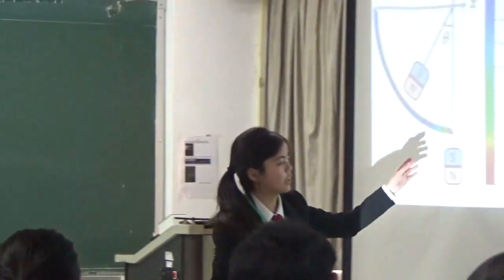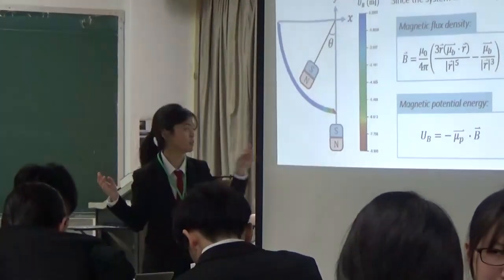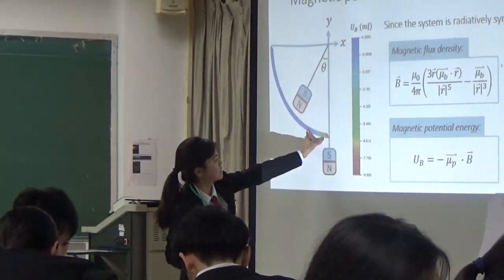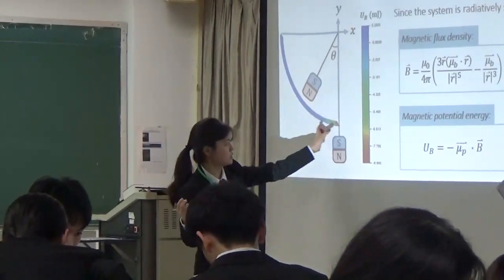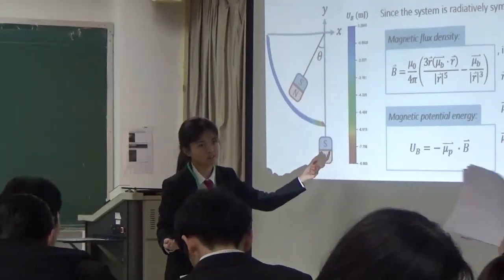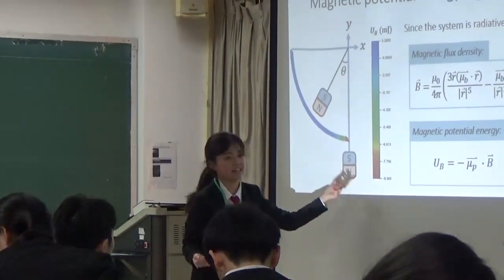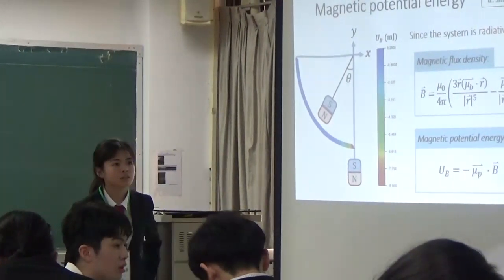We actually calculated the field that affects the pendulum. Like when the pendulum swings to this part of the system, it will be mainly affected by the magnet, and we did calculate it. So this one is a magnetic field, right? Yes.